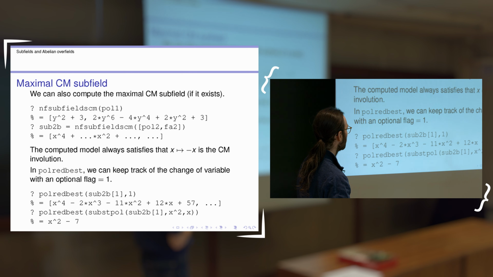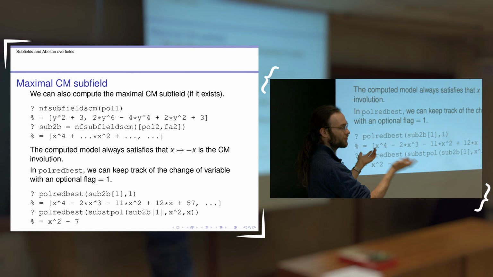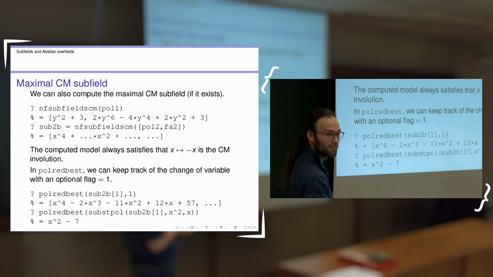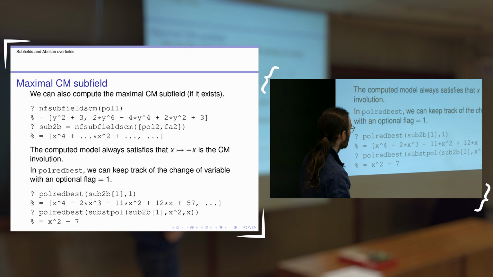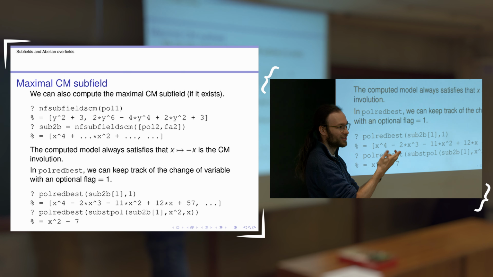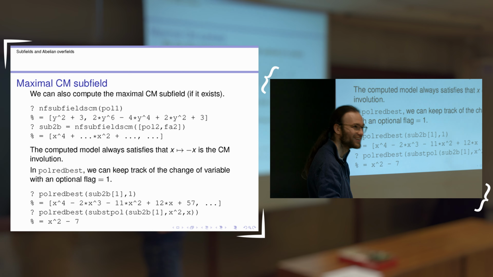There's a notion for an algebraic element to be a CM element, and the set of CM elements is a field. An element is CM if it generates a CM field, and you can check that. Adding and multiplying elements like this works. Okay, exercise.